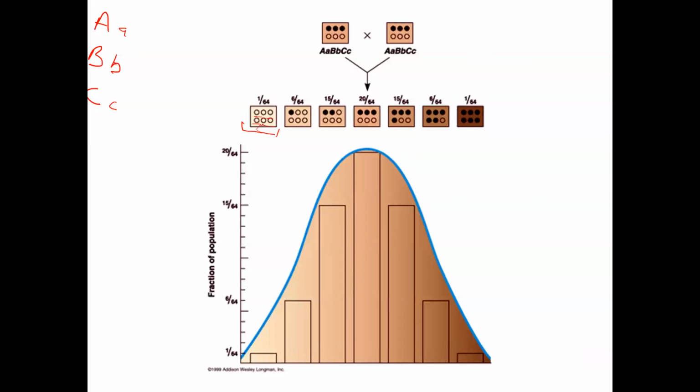So this person here has very light skin because it only has 1 dominant gene. 6 out of 64, you have tanned skin. So you're still fairly light, but you get a little color in there. It's kind of like a Mediterranean color. So people from like Greece and Italy, that's the kind of skin color we're talking about. Still look like white people, just white people with a tan.